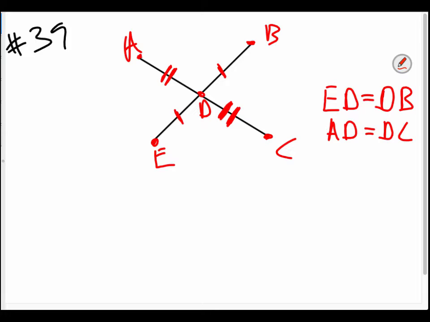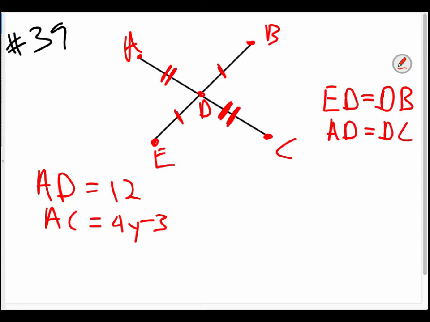What they're telling us is that AD is equal to 12. All right, cool. And that AC is equal to 4y minus 36. And it says find the value for y.